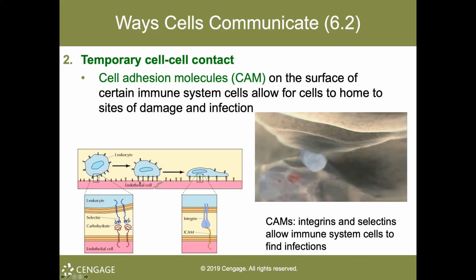And the way that they do that is by attaching temporarily to cell adhesion molecules on the target cell. All right, that's what this image is showing. Those cell adhesion molecules are often referred to as CAMs. Examples of these include your integrins and selectins. They're going to allow the cell to find the site of infection.